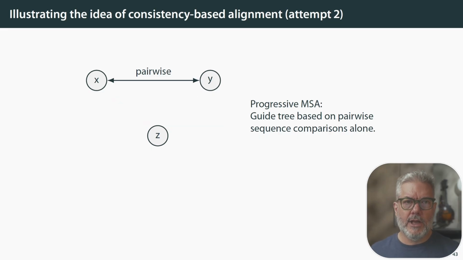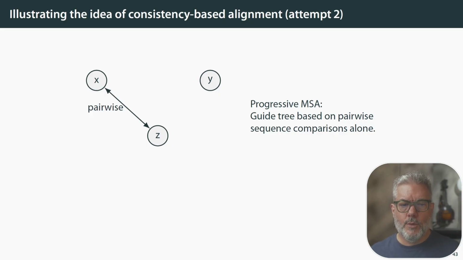In reality, when you're comparing x and y to build the guide tree in Clustal, you don't incorporate any information about z. You're just looking at the comparison between x and y. When you're comparing x and z, you just do that comparison. You're not looking at any information using sequence y, despite the fact that obviously when all the arrows were drawn, they were connected.